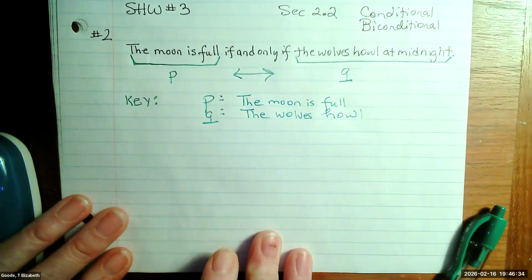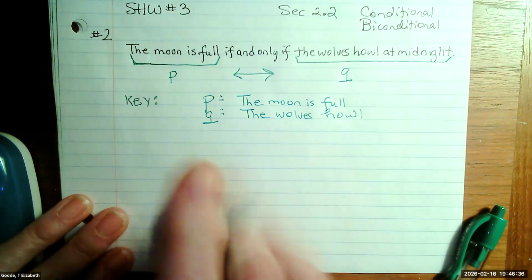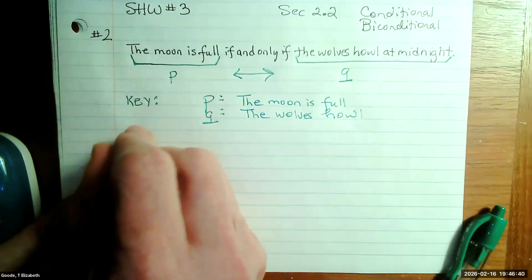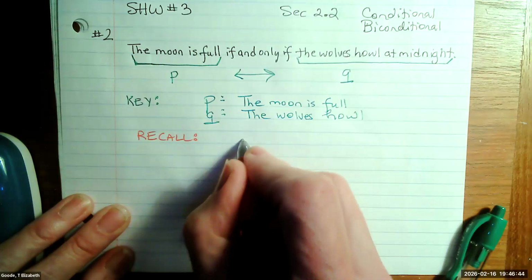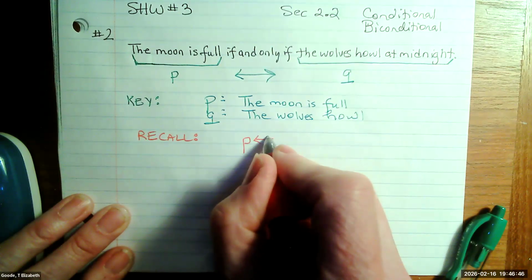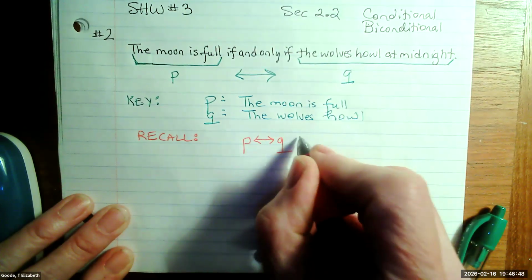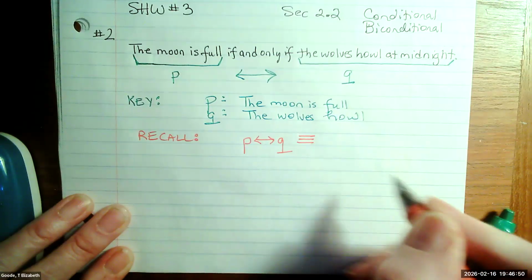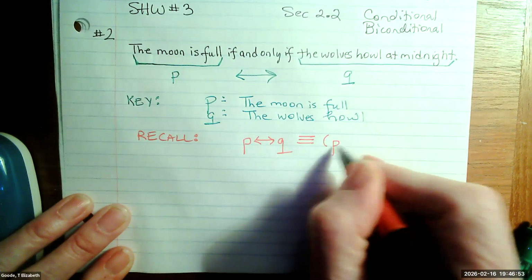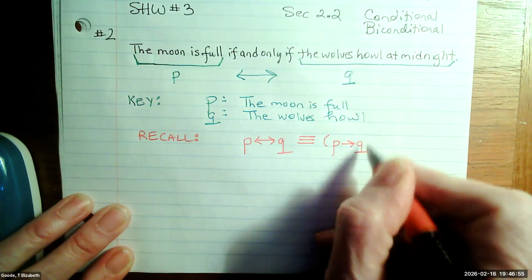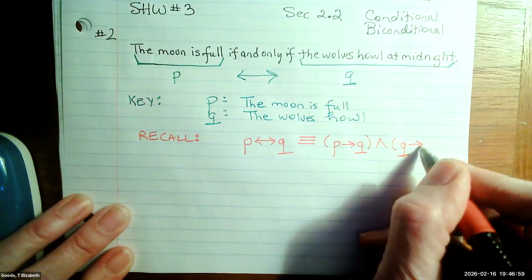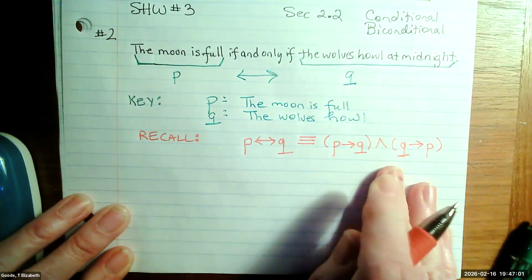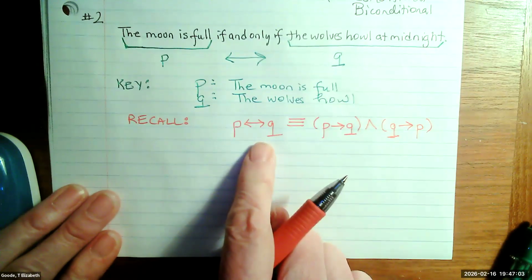So then let's just recall the definition of the biconditional. We know that P if and only if Q means the same thing as P implies Q and Q implies P. Do you remember that that was our definition of the biconditional?